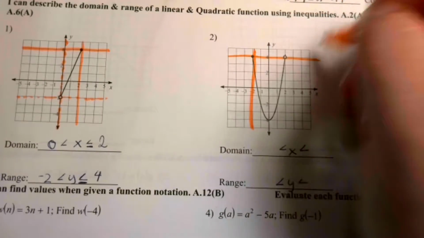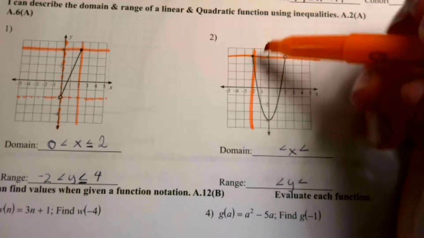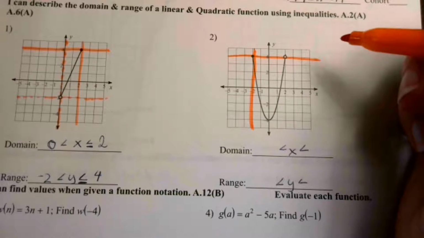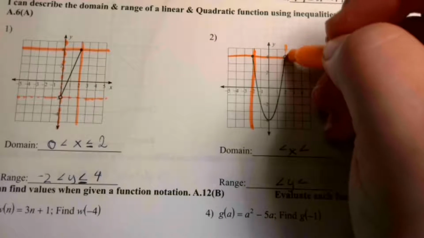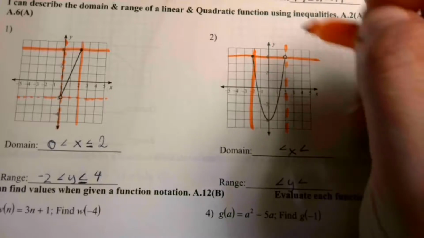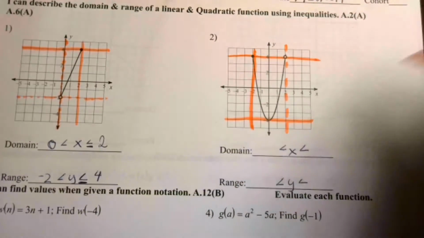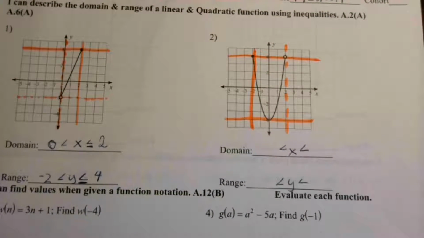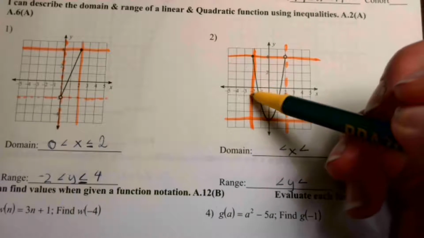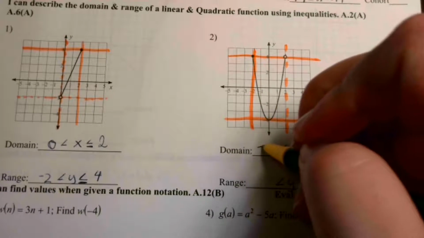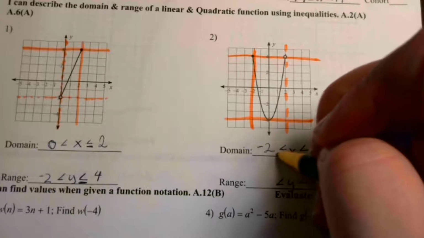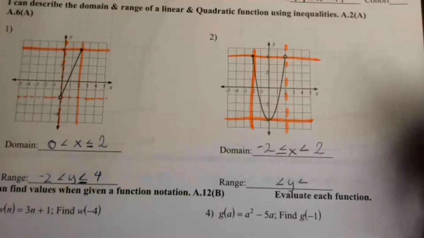I'm doing a solid line. Even though this part's open, if there's even one dot that it's allowed to touch, it's a solid line. -2 to 2. Closed on the -2.